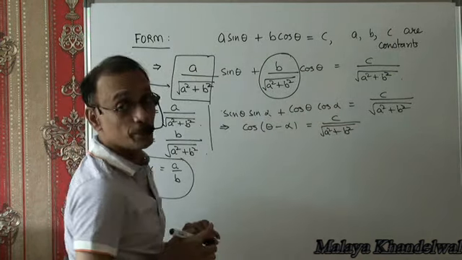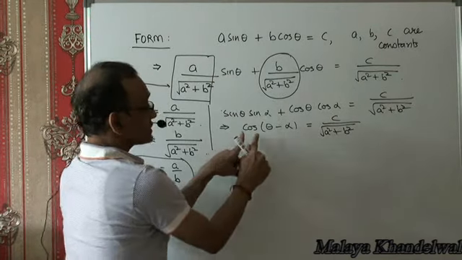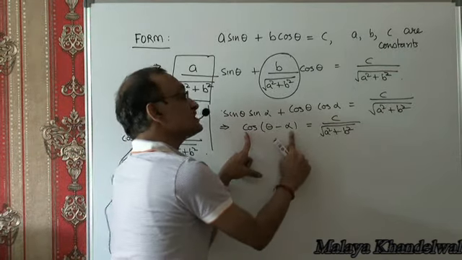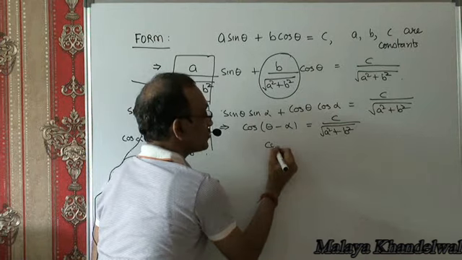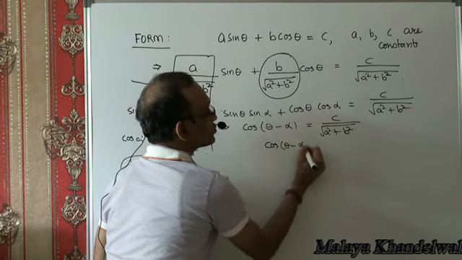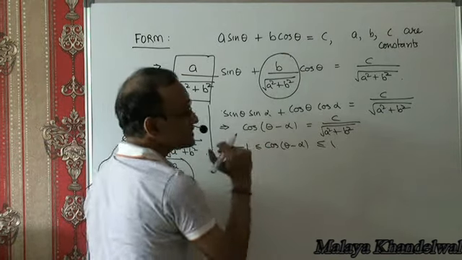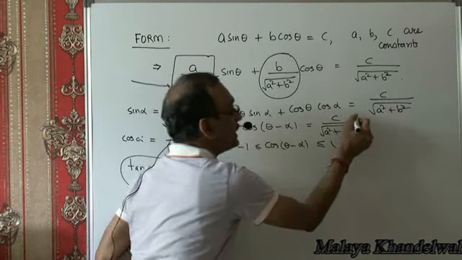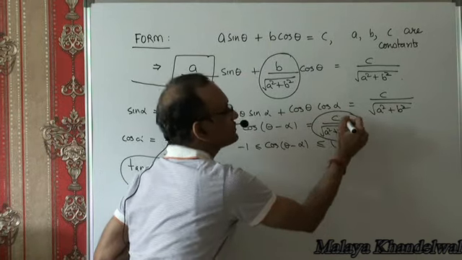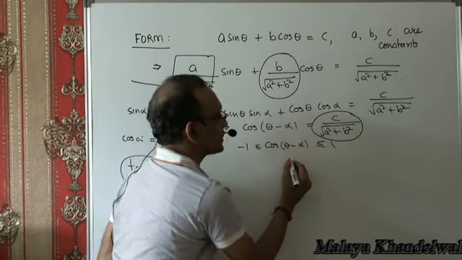Now the important thing is that cos of theta minus alpha has to be a number lying between 1 and minus 1, which means there will be a solution if and only if c by root a square plus b square also lies in the interval minus 1 to plus 1.